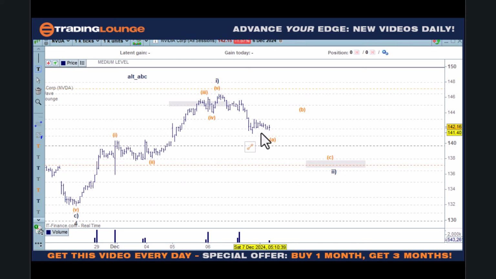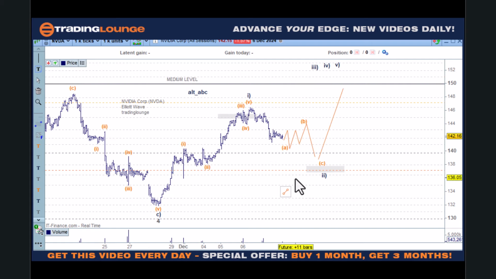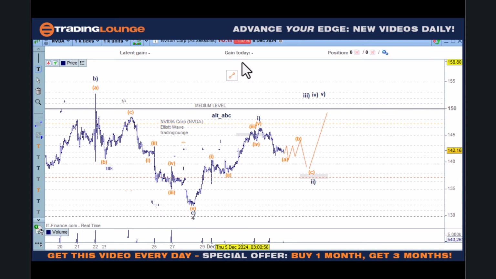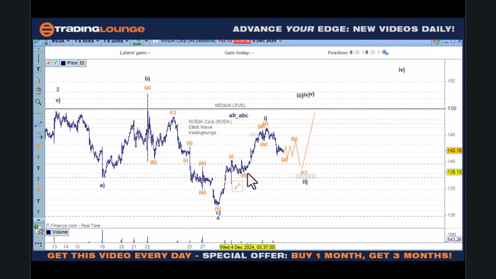So it's more, and this also looks a bit corrective as well. So it's more like something like this, and a B wave and a C wave here onto this support here, and then moving up again. So let's just see how that sort of unfolds.